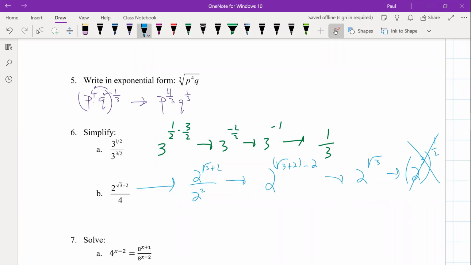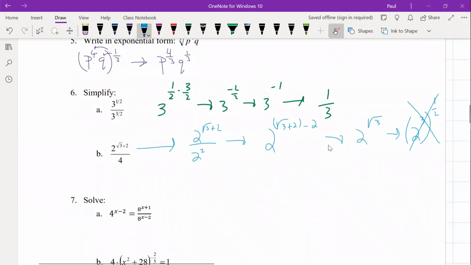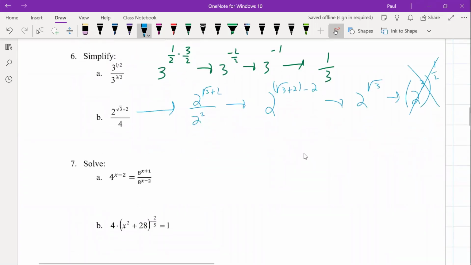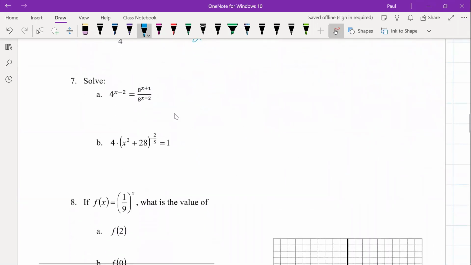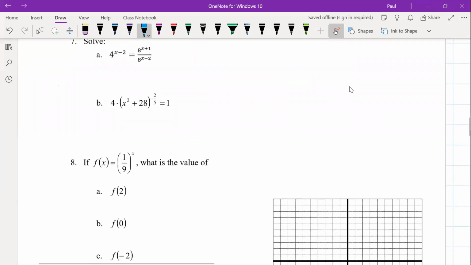That doesn't work. So as long as you stop at 2 to the root 3, you're good. And we talked about 2 to the root 3. It's somewhere between 2 to the 1.7 and 2 to the 1.8. Get as close as you want to get. That's the only way we can really conceptualize what that number would be, because nobody really knows how to raise 2 to the square root of 3 power.